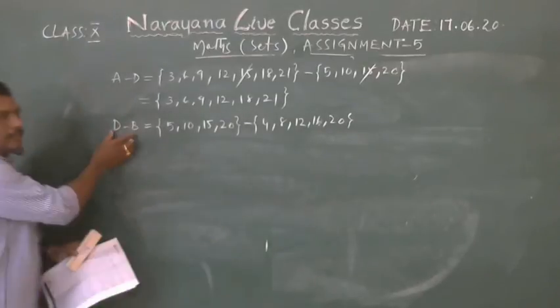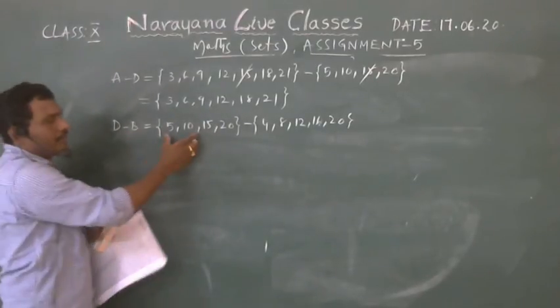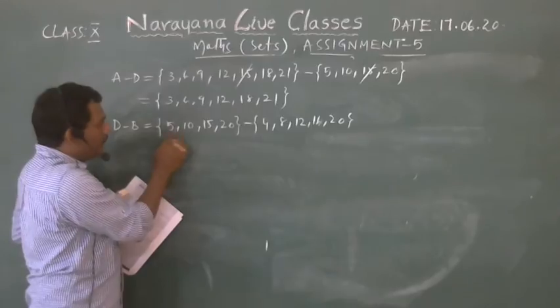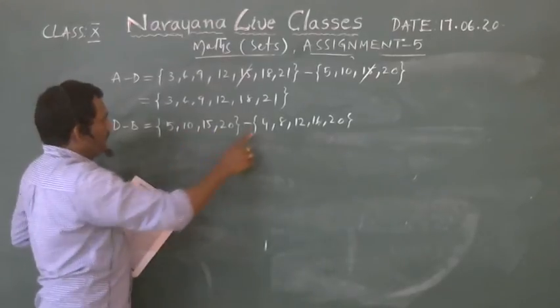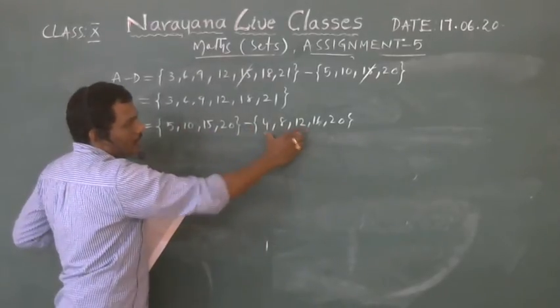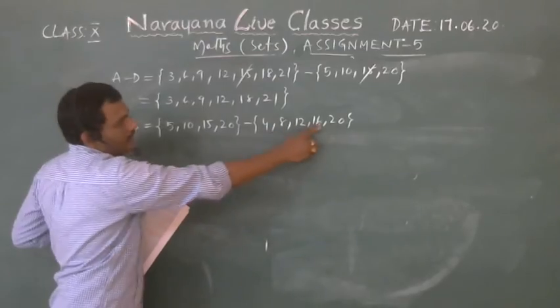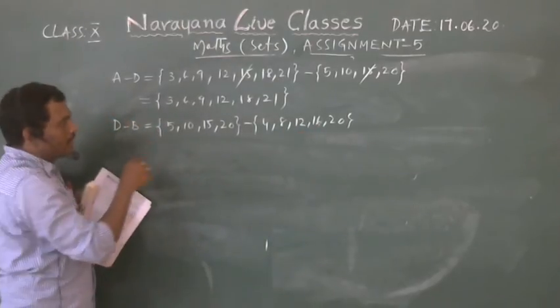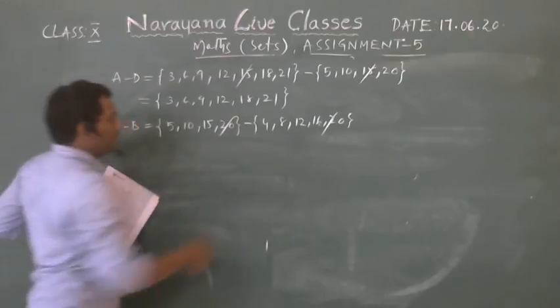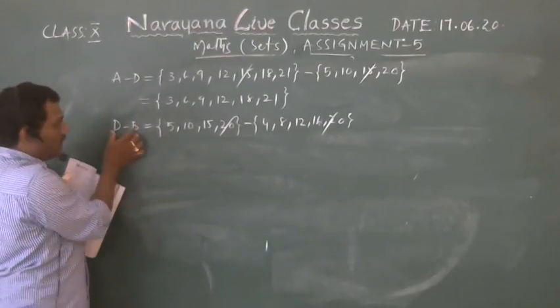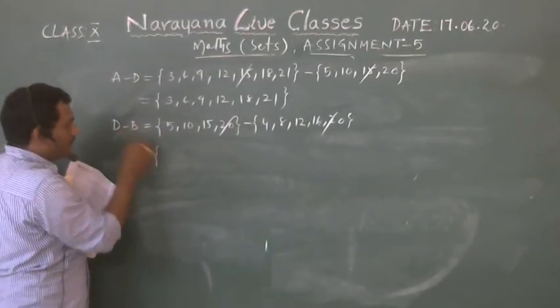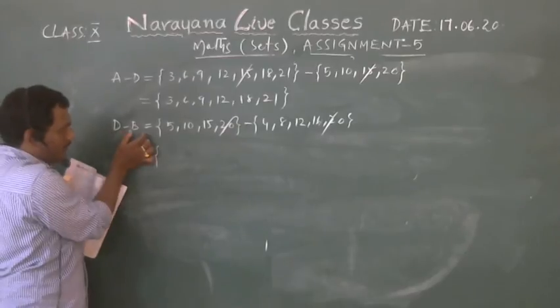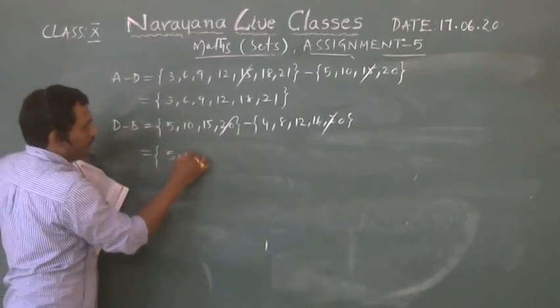So now the answer for D minus B. Elements of D, the set {5, 10, 15, 20}, minus elements of B, {4, 8, 12, 16, 20}. So now the common element here is 20. No other common elements in D minus B. The answer is only the elements of D that do not belong to B: 5, 10, 15.